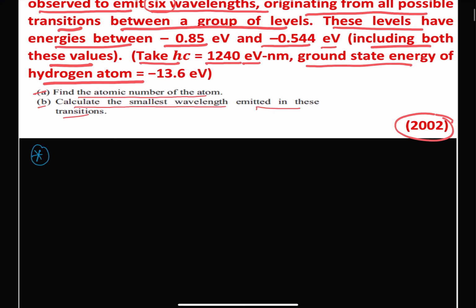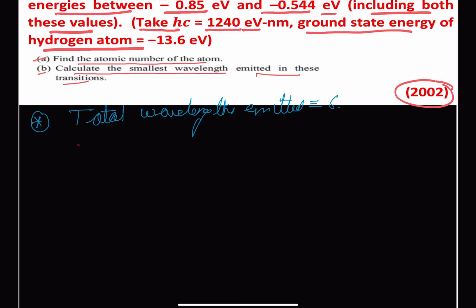So we can say the total wavelengths emitted is equal to 6. This means that there will be 6 transition lines between various levels.